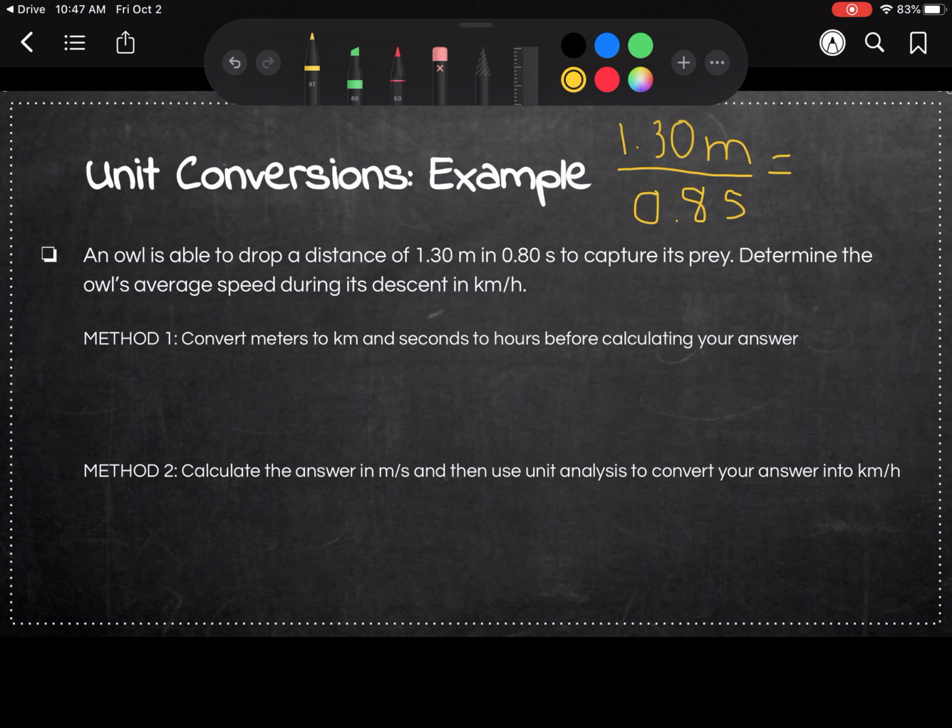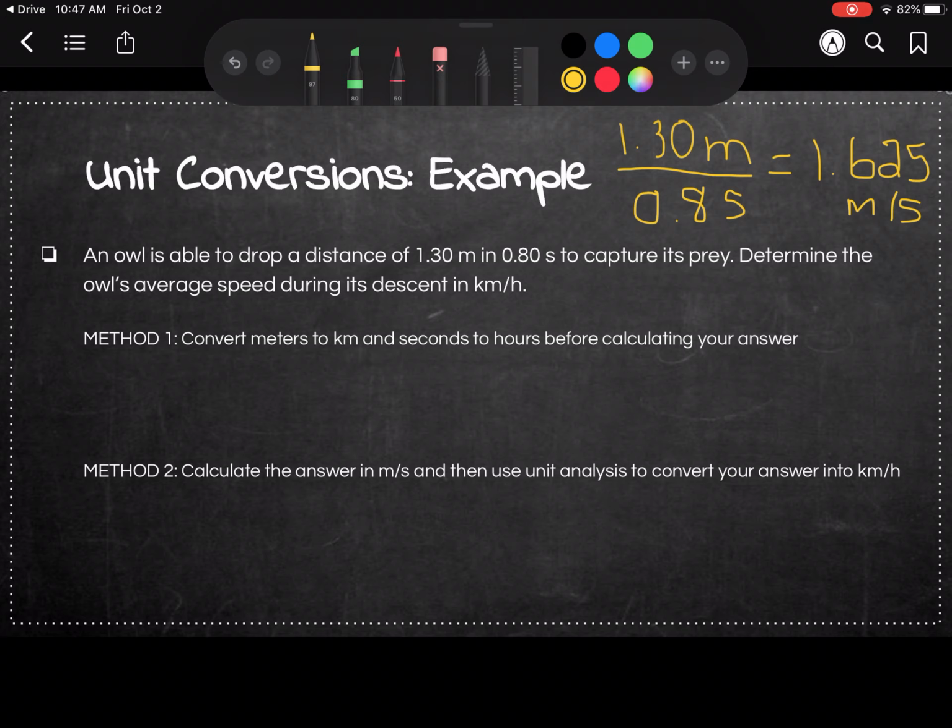So we do need to divide those two numbers. 1.30 divided by 0.8 will give us our meters per second. So it's 1.625 meters per second. So that's pretty fast.